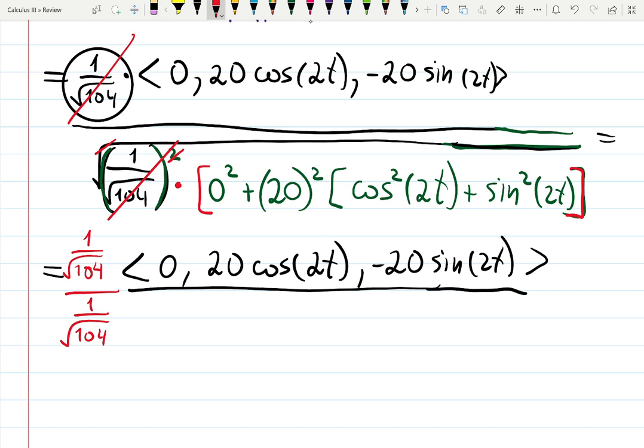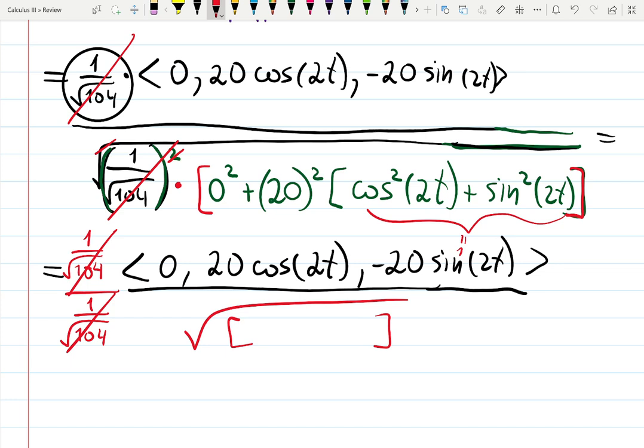And now inside of the brackets will be the number we actually are curious about, because this goes away. So this is 1. So it all becomes 20 squared inside of the square root, don't forget. Inside of the brackets, 0 plus 20 squared stayed.